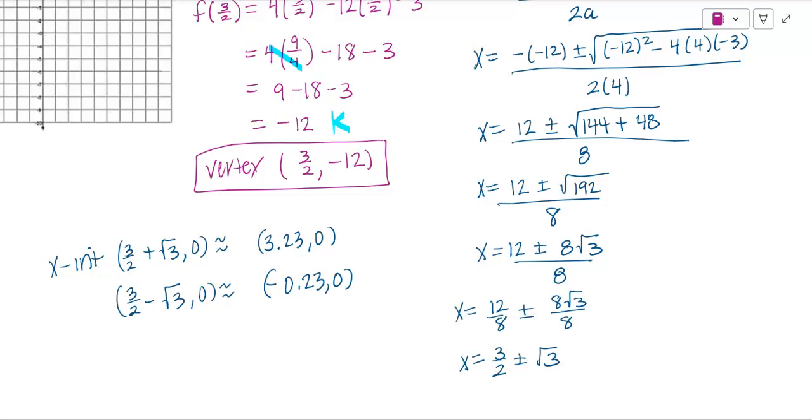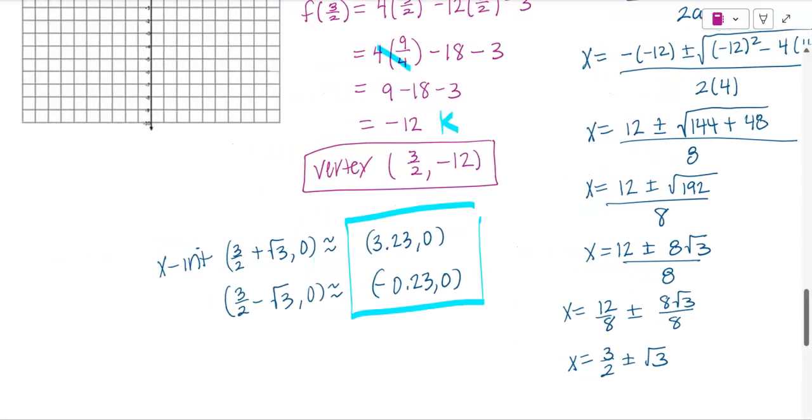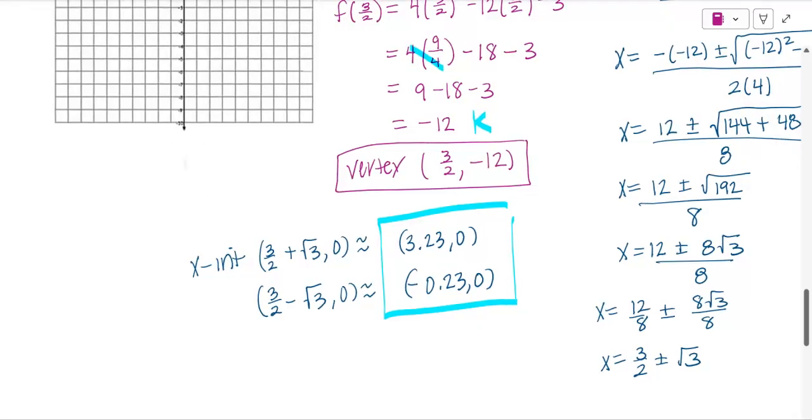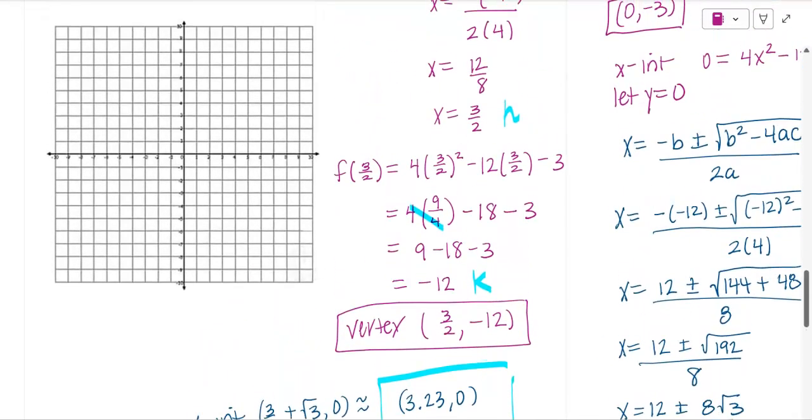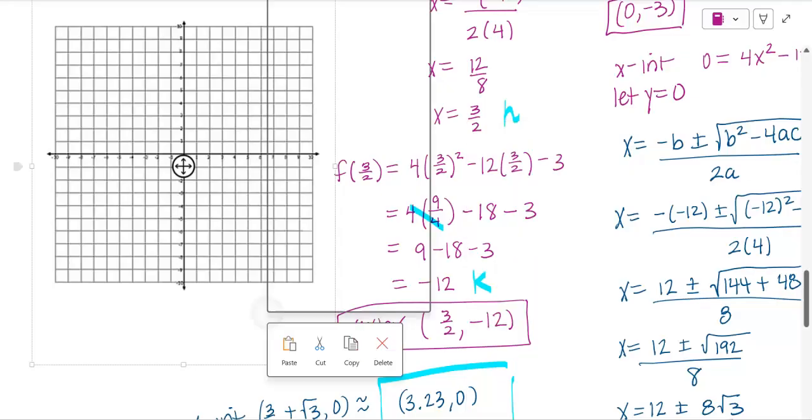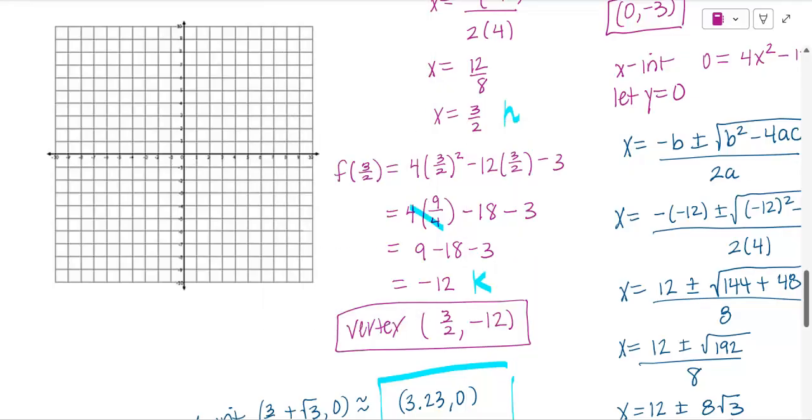All right, so we're going to put this all together. Let's start with our vertex, 3/2 and negative 12. This grid only goes down to negative 10 here, so I'll make a couple more lines. Maybe 11 would be here, and 12 would be here. Just extending this down. 3/2 is at 1.5, so I think I'm going to be here-ish for my vertex.